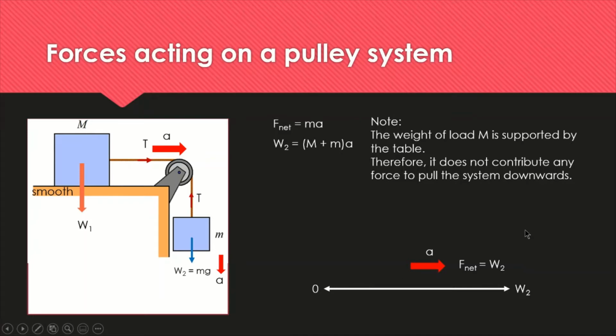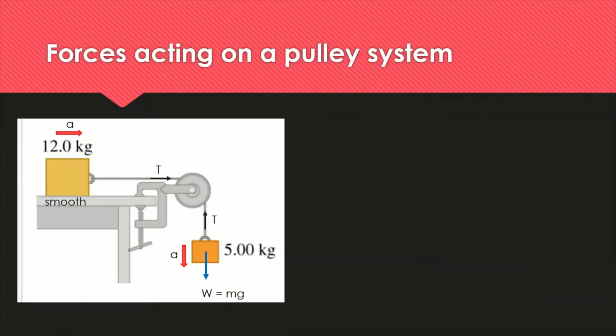Okay, let's look at a concrete example. So I have this smooth pulley holding up one load that is 5 kg, whereas the one that is on the table is 12 kg. So this smaller mass will move downwards, and the mass that is on the table will be pulled to the right.